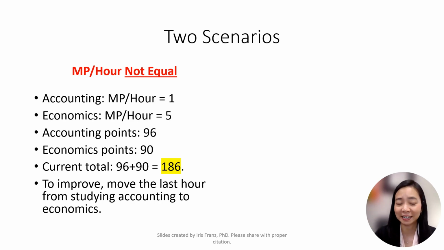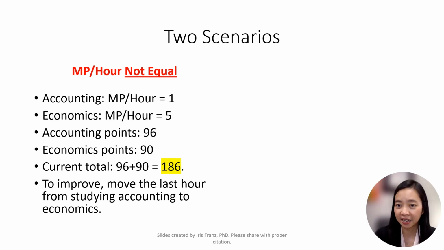Since you know accounting inside and out, each additional hour studying accounting will not bring up your accounting grade that much. Say 1 additional point when you invest 1 additional hour in studying accounting. But since you're not that familiar with economics, each additional hour for economics will bring up your economics grade by 5 points. Suppose your grade in accounting is 96 points and economics is 90 points.